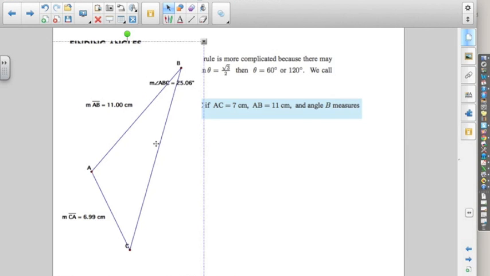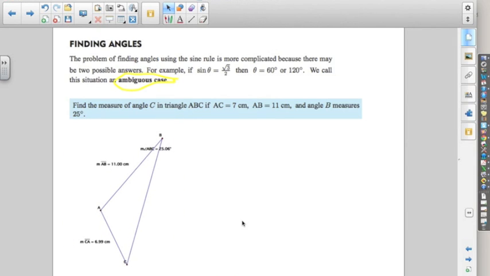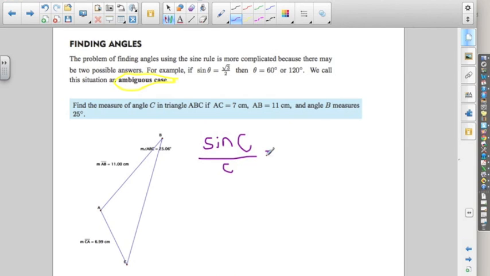So I did one possible sketch of this problem here, and so I can start to solve. So of course I will do sine C, write that down first because that's the thing I'm looking for, divided by C equals sine, and I'm looking for my known pair, so I know angle B and side B. Now I can plug in my values.